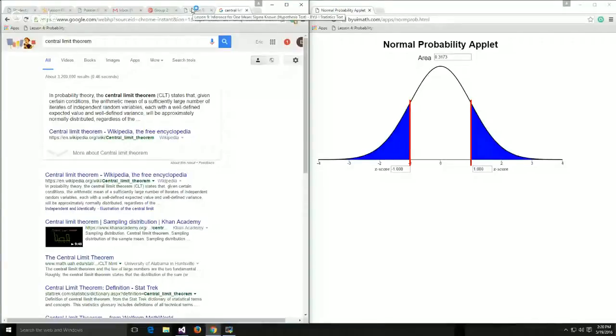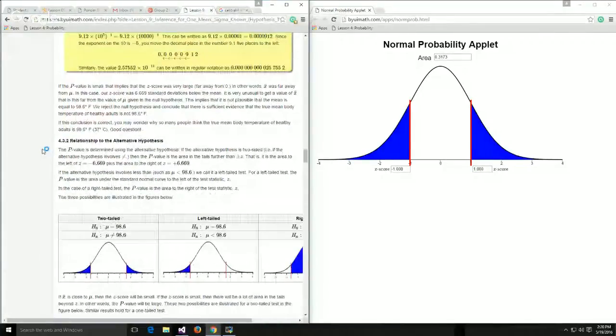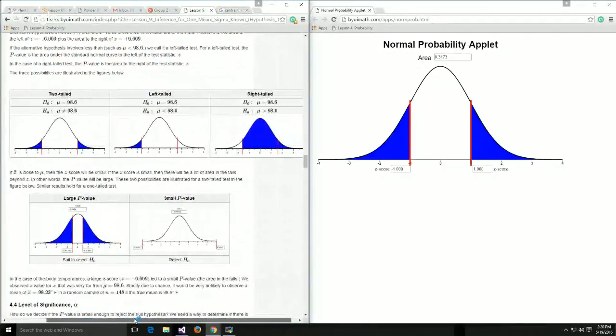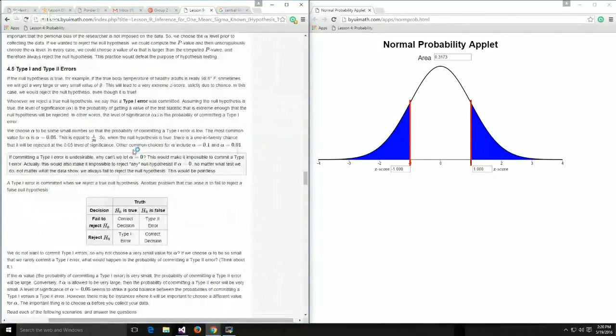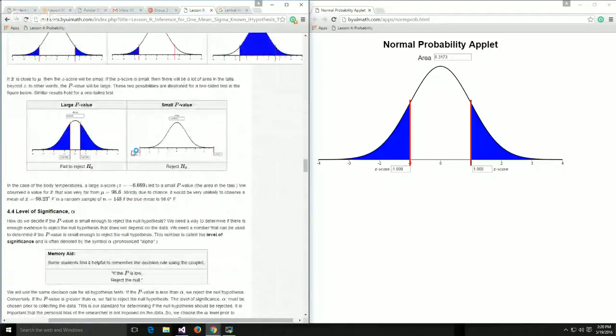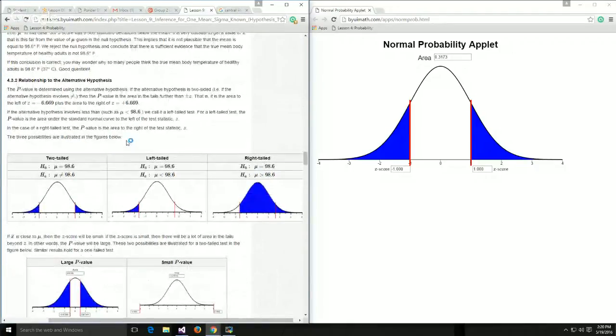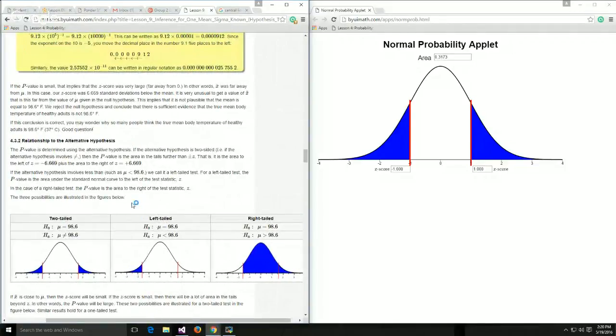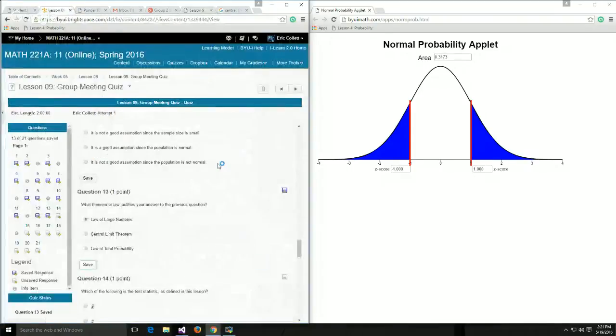Which one's the law of large numbers then? So we learned that x-bar will follow a normal distribution if the data are drawn from a normal distribution or if the sample size n is large. That was the central limit theorem.